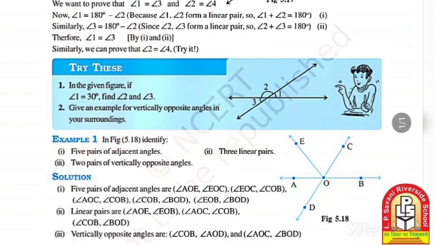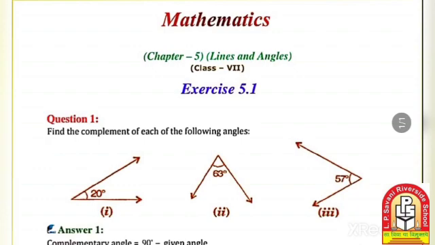The vertically opposite angles are COB and AOD, and then AOC and BOD. In this way, you can solve any kind of question on linear pairs and vertically opposite pairs by using the figure. The introduction of this chapter is completed.